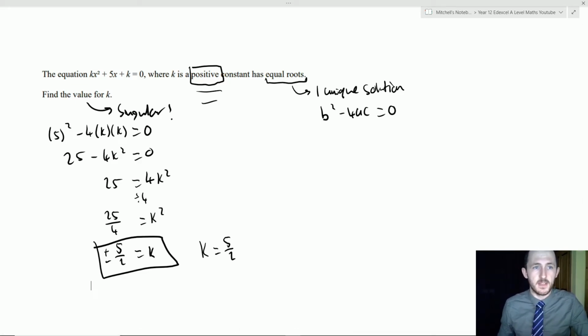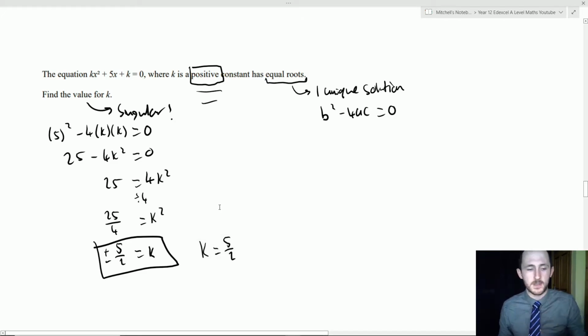Students every single year always decide to not read the question properly and give 2 answers. It has to be one answer or you drop a mark. This is a 3-mark question. So you lose a third of the marks, which is bad. So just please keep that in mind.